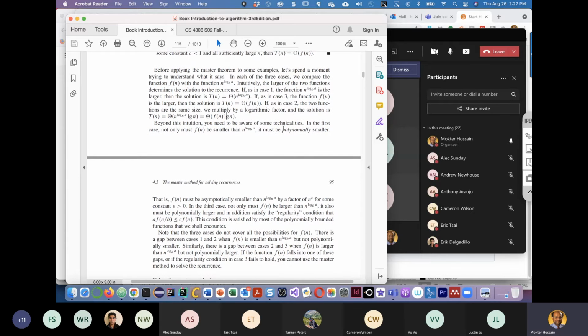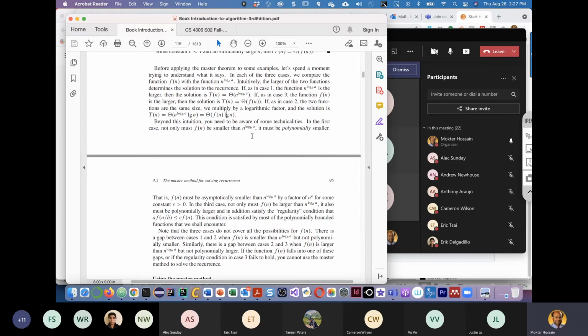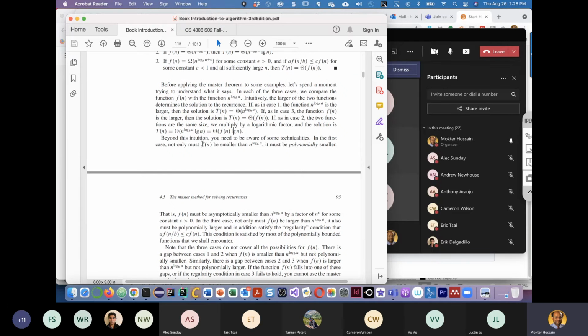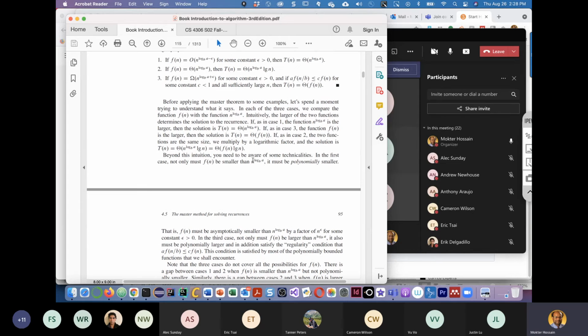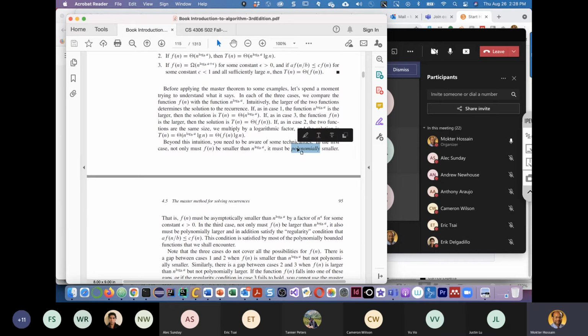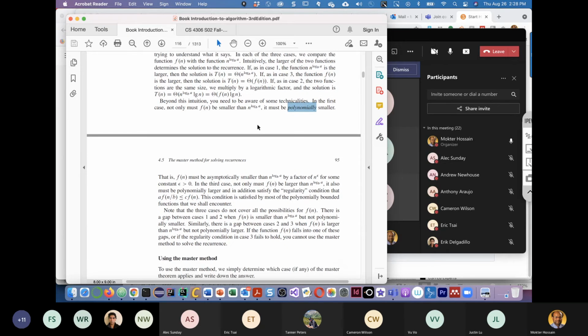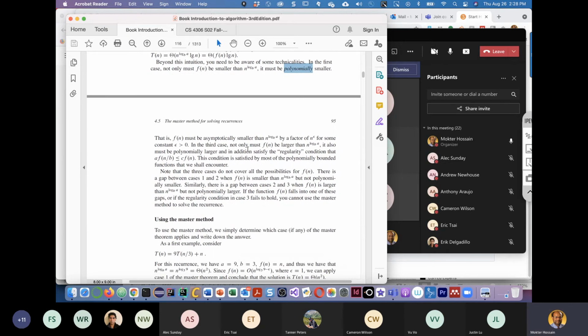Okay, beyond this intuition, there are some technicalities that we need to keep in mind. In the first case, not only must f(n) be smaller than n to the power log_b a, it must be polynomially smaller. In any case, it cannot be larger.